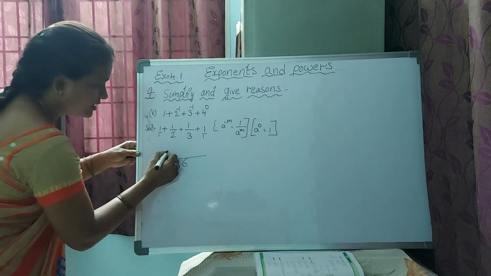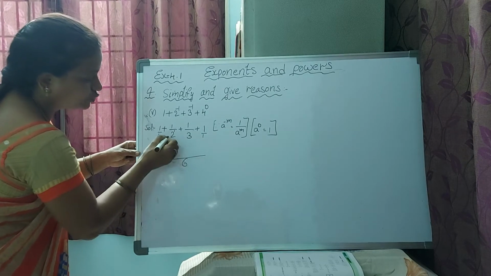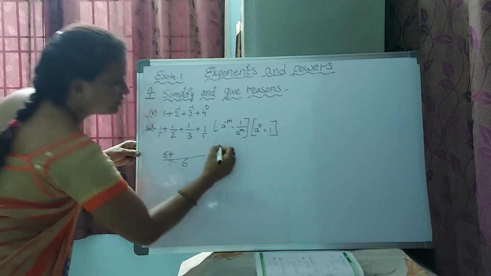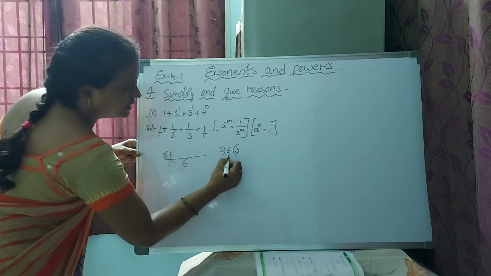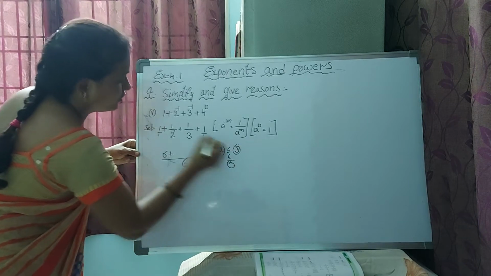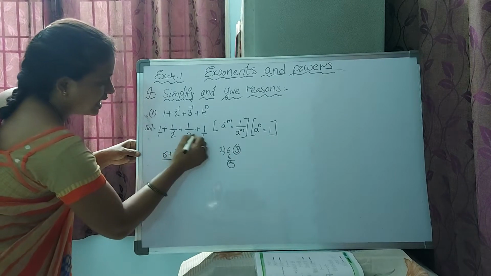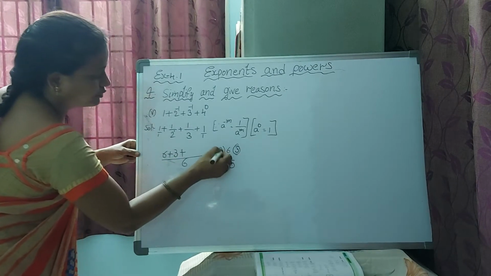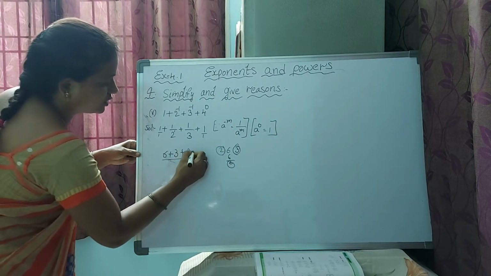6 ones are 6. Plus, if you divide this one with 6, 2 3s are 6, so multiply this with the numerator: 3 ones are 3. Plus again, divide with 3: 3 2s are 6, with 2 you multiply this numerator: 2 ones are 2.